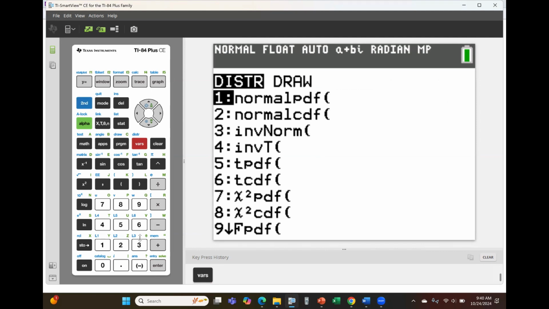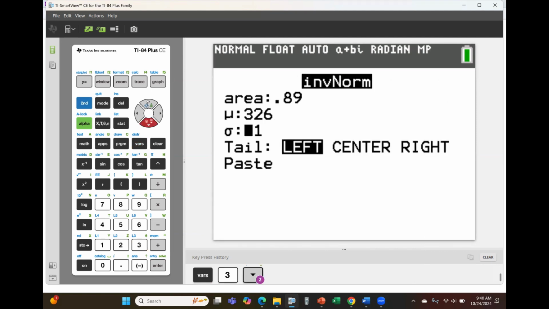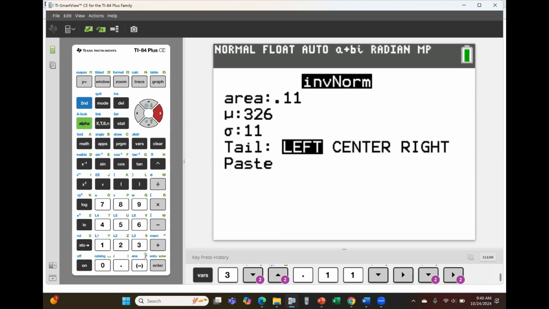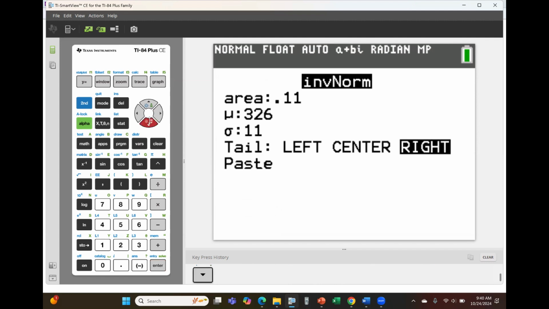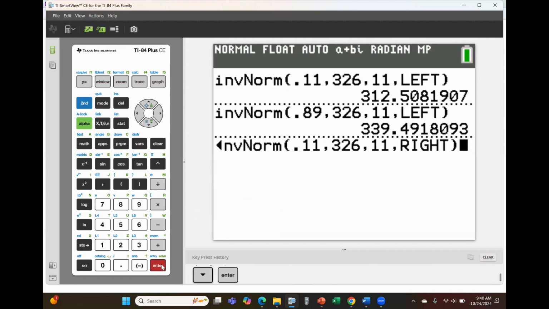I blame it on the cold. Oops. So 0.11, right. And I've got to hit enter. That's what I did not do, is hit enter to highlight the right. Now it should be the same answer, which it is.